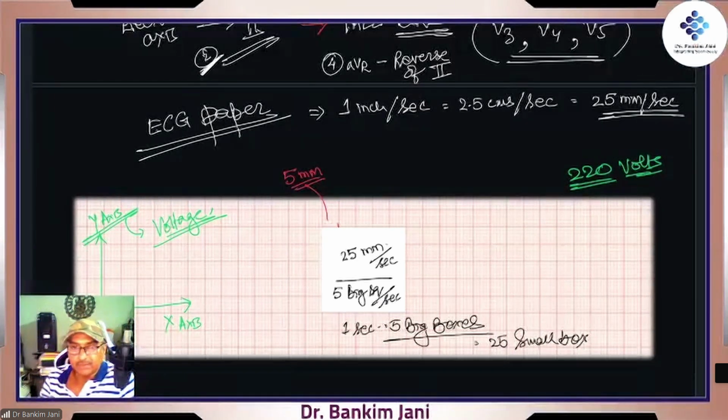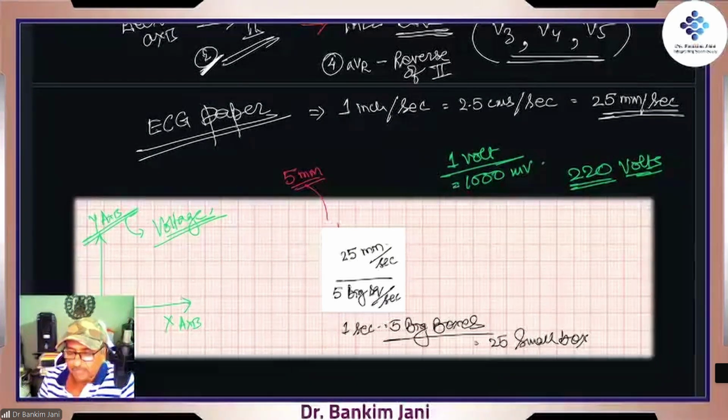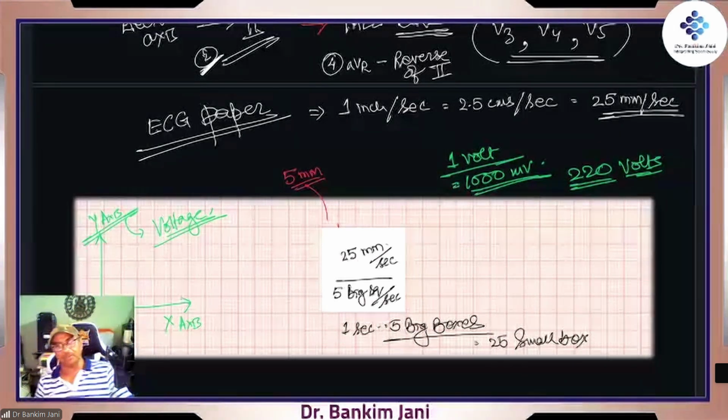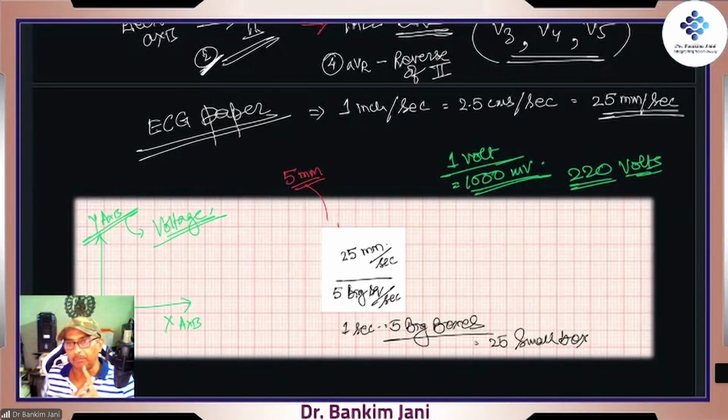In the body, the things are in millivolts. It is that less, right? So 1 volt is equal to 1000 millivolts. The paper is detecting. This ECG machine is working on 1 millivolt.